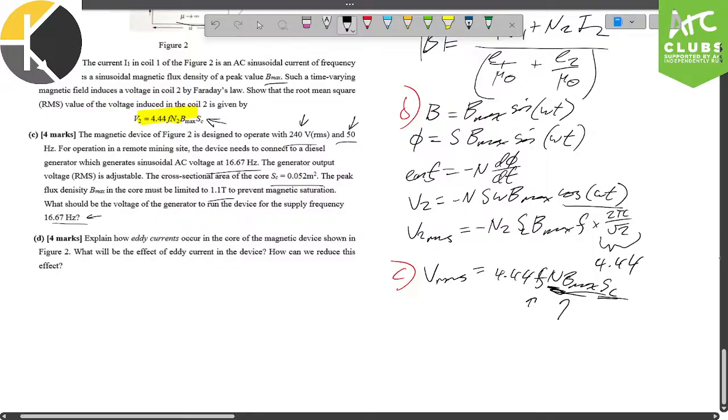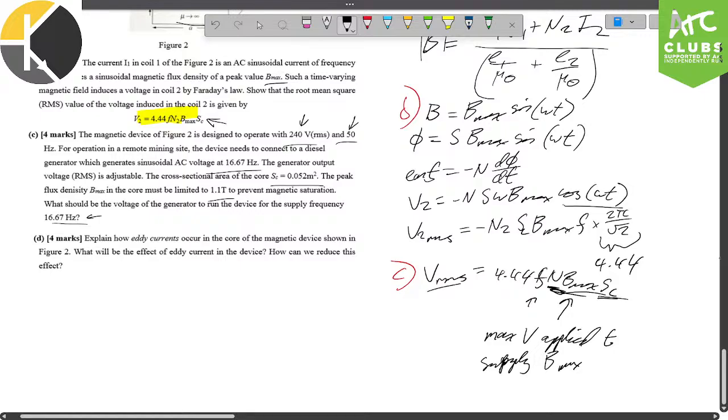What we're doing here, the main thing is max voltage applied to supply B max, okay, just from one of the coils. This is the main thing to look out for. So that's that.